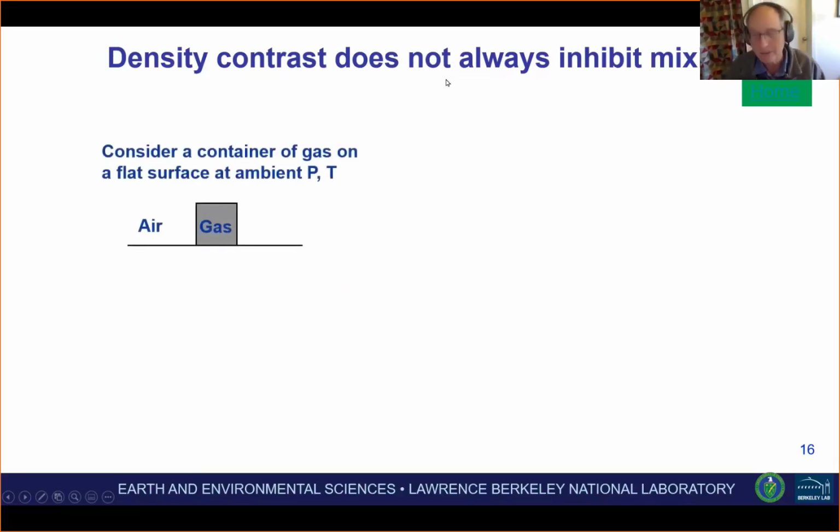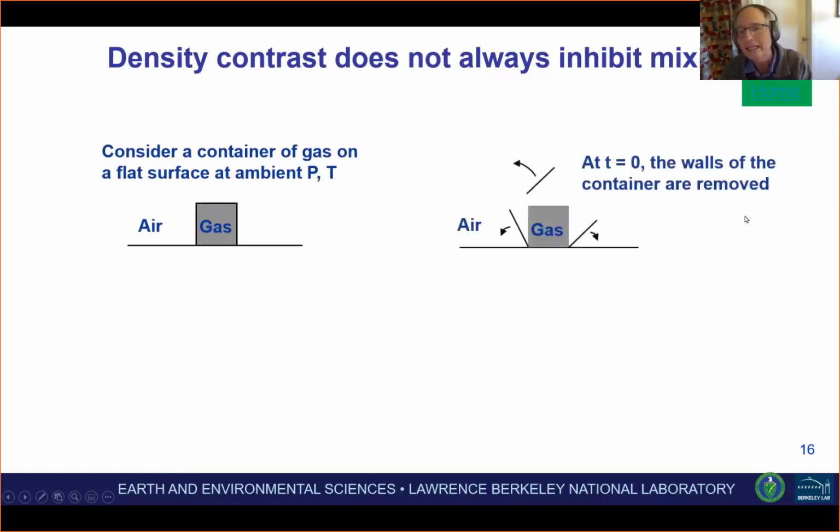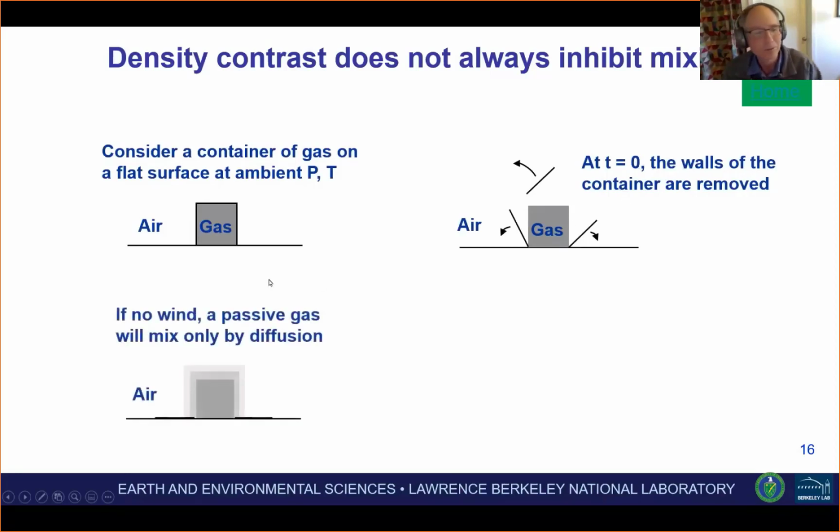So I want you to consider a thought experiment here. We have a container of gas on a flat surface at ambient pressure and temperature. Okay, so there's some air, and then I've got this container of gas. Now, if I can magically at T equals 0 just remove the walls of the container of this gas, we just remove the walls and observe what happens.